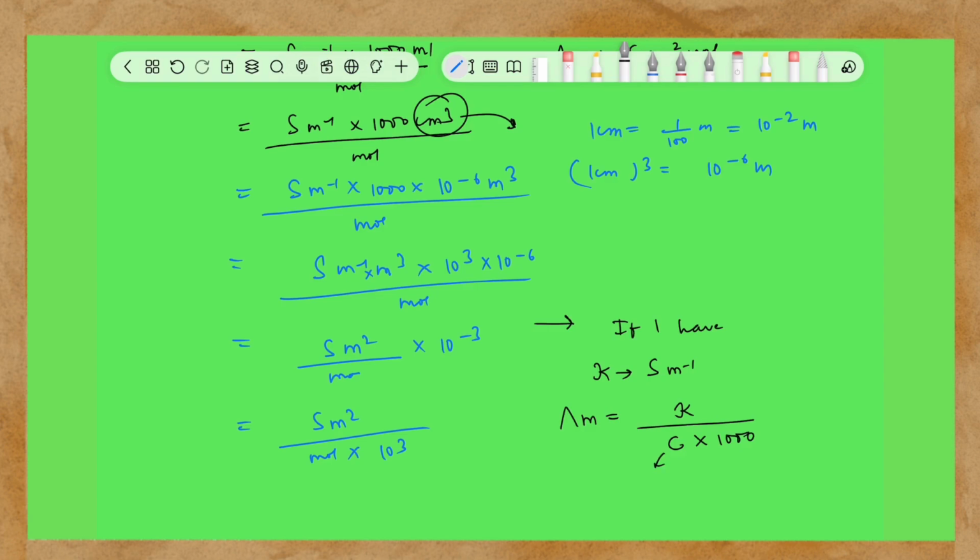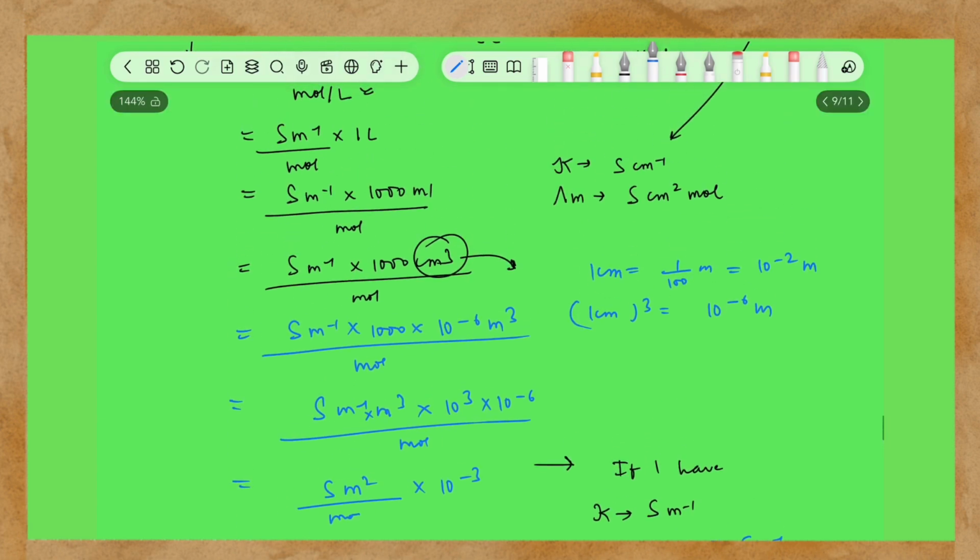Here concentration is in mole per liter and kappa is in Siemens per meter, and we get lambda m in Siemens meter square per mole.